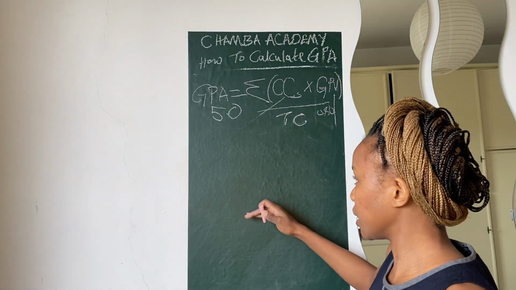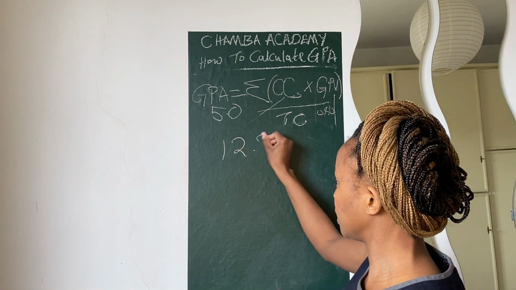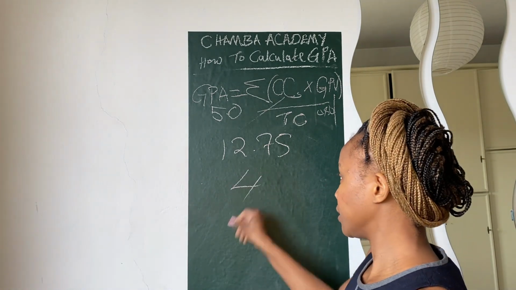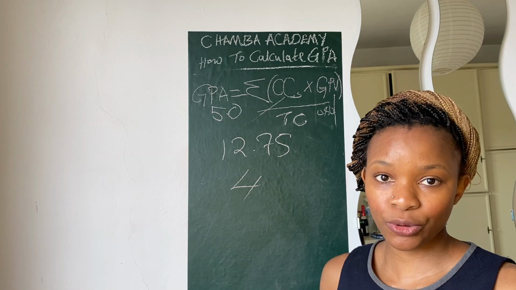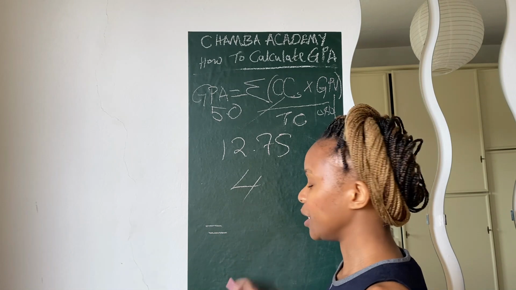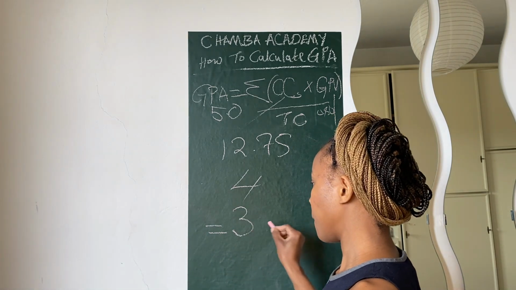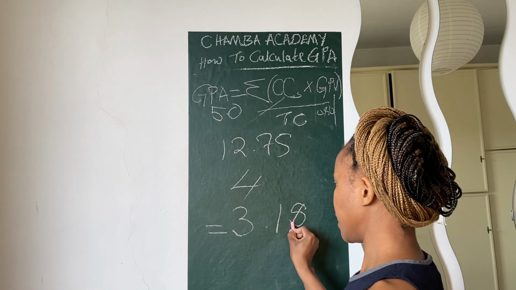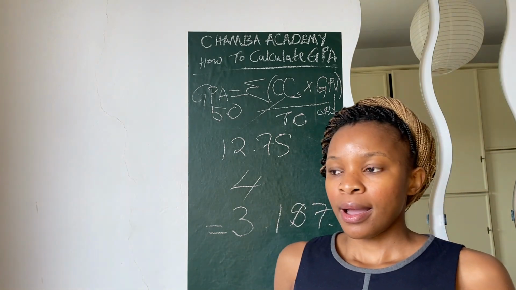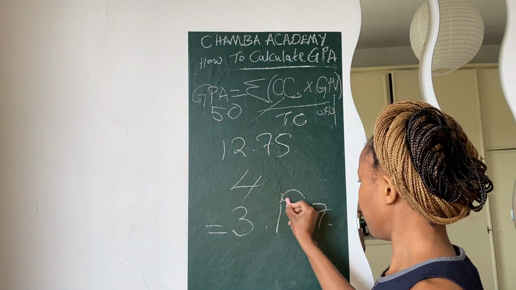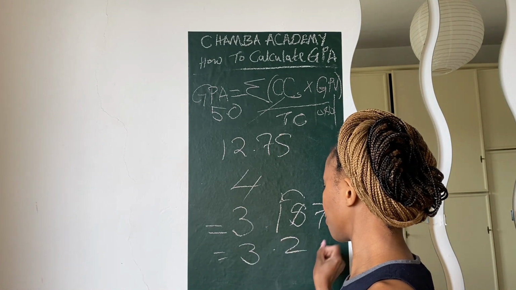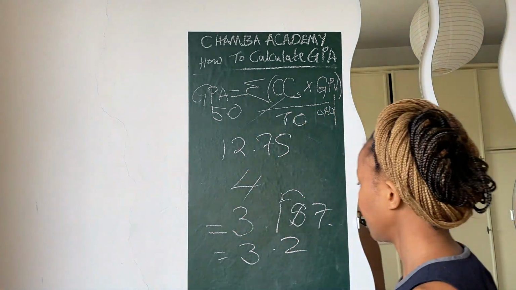The calculations that I had accumulated, which is 12.75, I then divided by 4 years for the entire course period, just as a summary, and this gave me a GPA of 3.187, and so on and so forth. So I had to round this off. So my GPA was 3.2. That was my GPA.